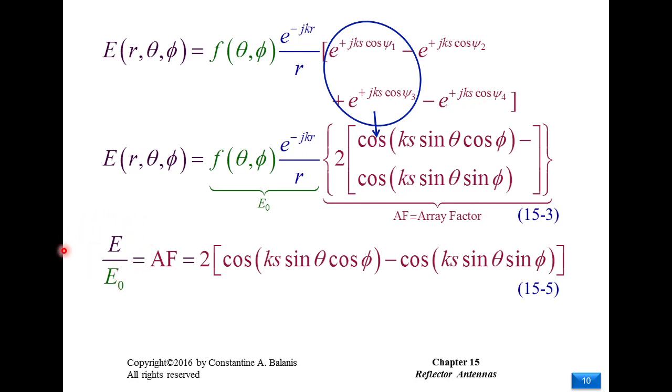So the array factor, which is E divided by E naught, the element factor, has this expression. And you can see that it is affected by theta and phi, because it's a 2D array. It has a pattern in both planes, the azimuthal plane and the elevation plane.